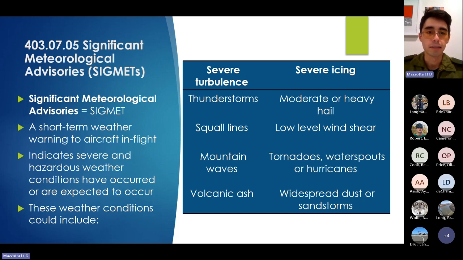So things like thunderstorms that produce severe turbulence and some severe icing, squall lines, mountain waves, and volcanic ash as well. So these are some of the SIGMETs that you could see. And sometimes if your aircraft have them, SIGMETs that amend GFAs can be broadcast on certain navigational aid voice channels.